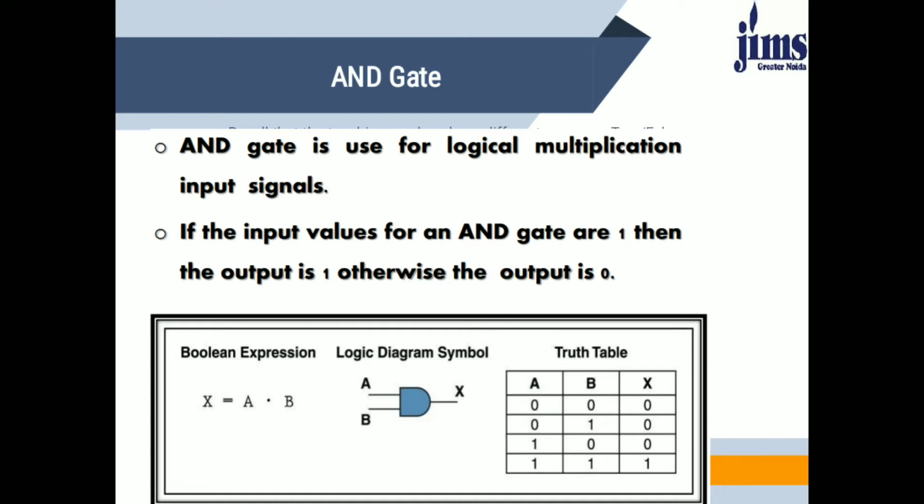To get an output equal to 1, all the inputs of the AND gate must be equal to 1. So the Boolean expression for the AND gate looks like x equals a dot b. Here dot is the representation of logical AND between the input signals.